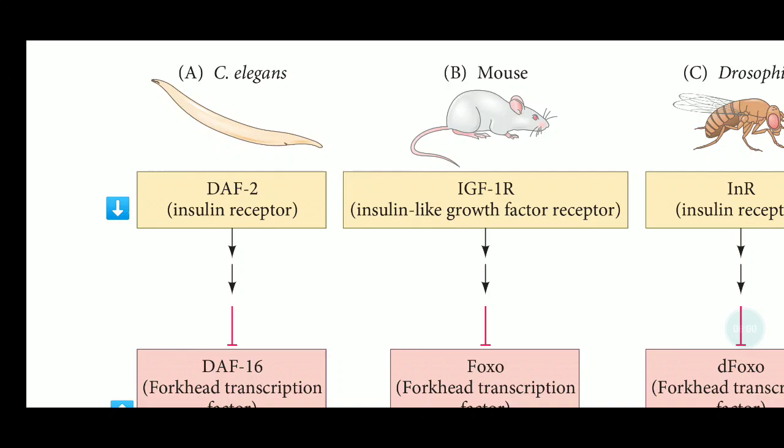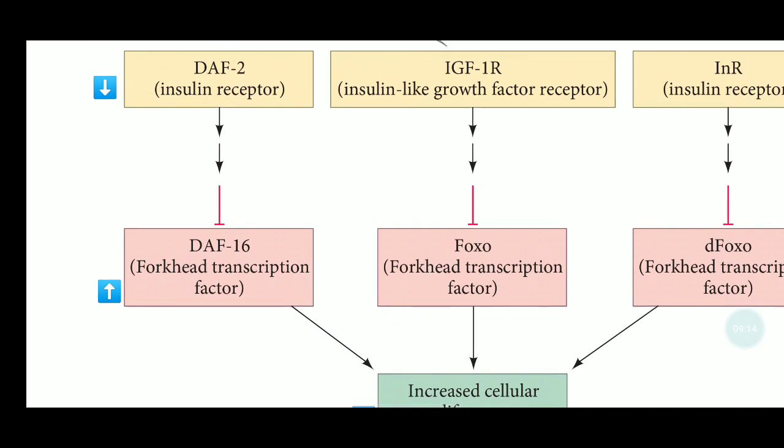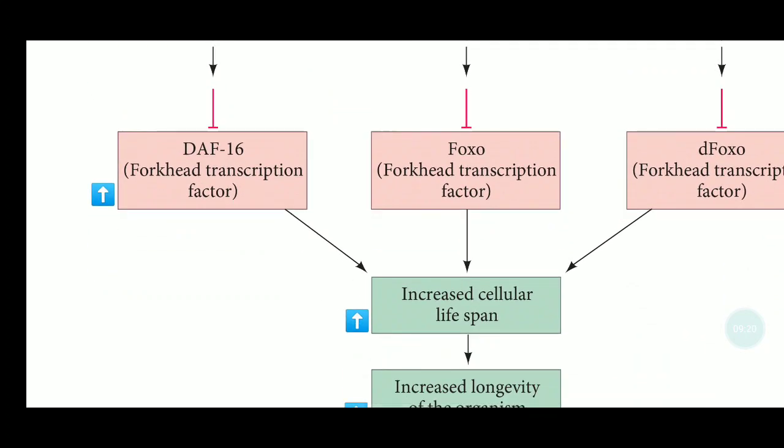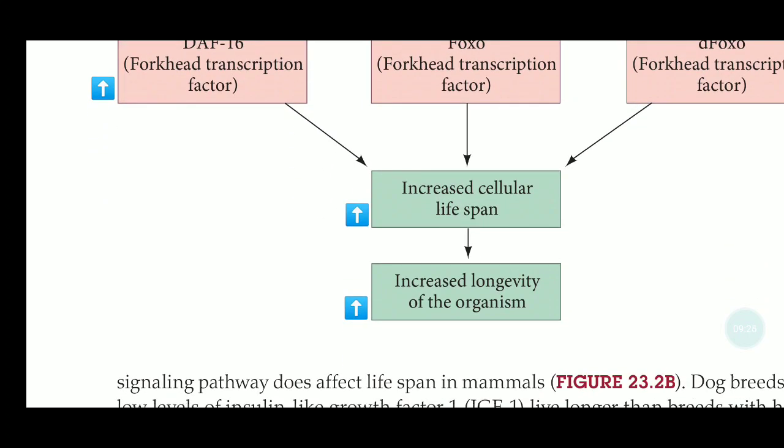Whenever there is insulin signaling, the DAF2 will be higher in amount. So with the decrease in insulin signaling, the DAF2 also decreases, and that leads to an increase in DAF16. This is a forkhead transcription factor, and that leads to increased cellular lifespan. It increases the lifespan of the organism, and the organism will live longer.